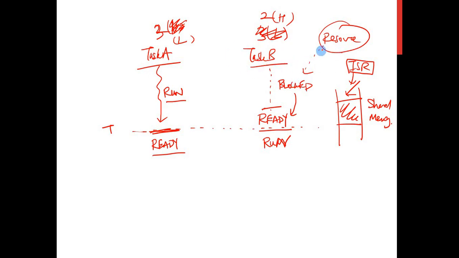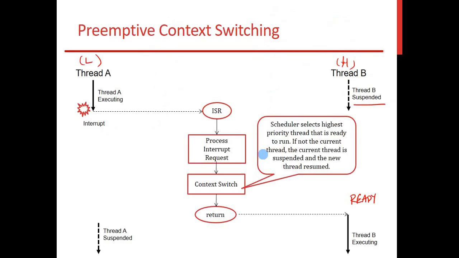Once that resource is released, the OS will change task B from block state to ready state. And once task B, which is higher priority, changes to ready state, the OS will cause a context switch to happen. Task A will become ready, and I will switch over to task B to allow it to run. That is what we call a preemptive kernel in a real-time system.